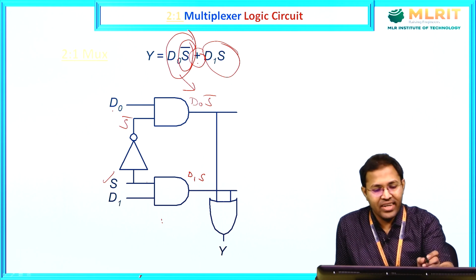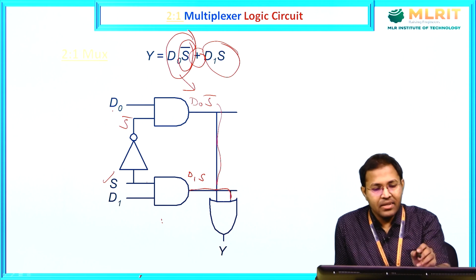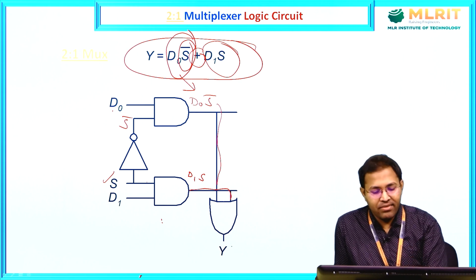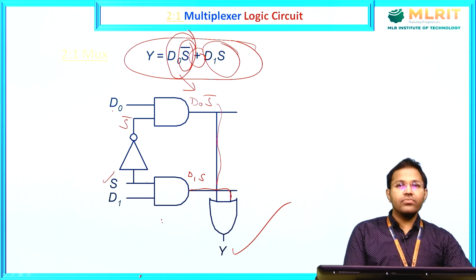So what we need to do is take the OR of D0 S bar, which we are connecting here, and D1 S. Then we get the final expression, which is Y. So the circuit is very simple.